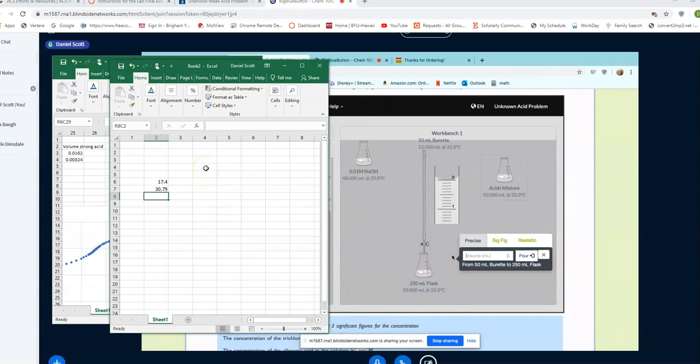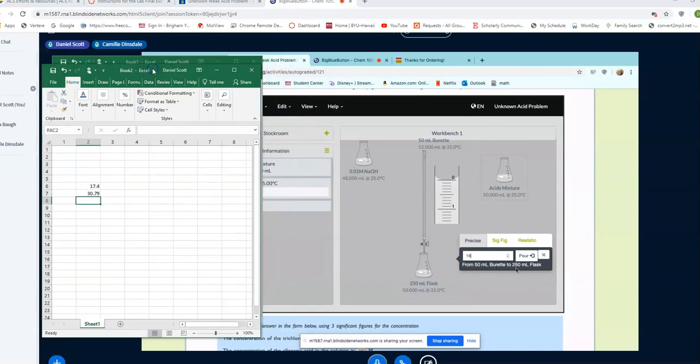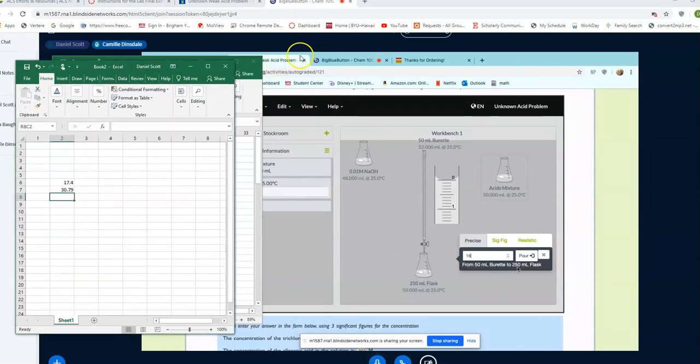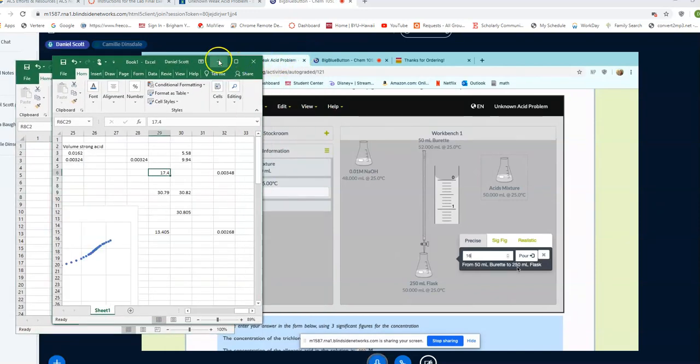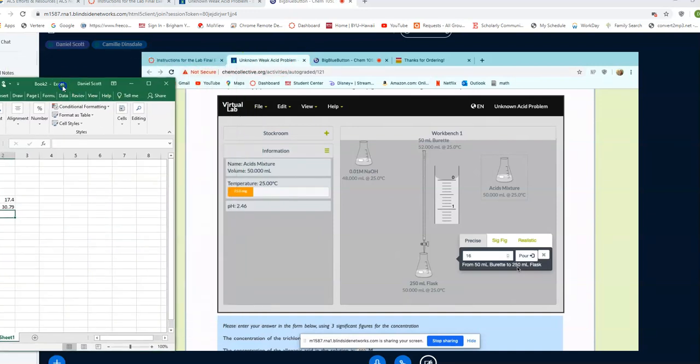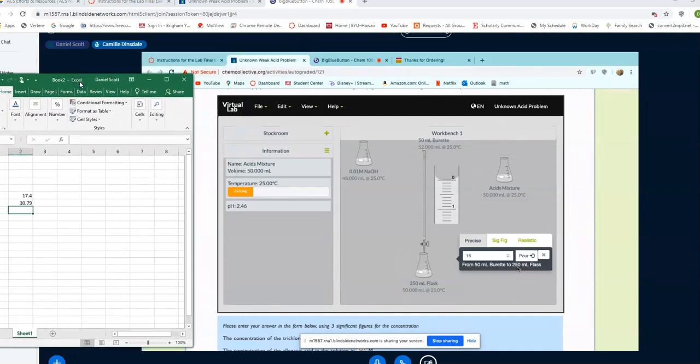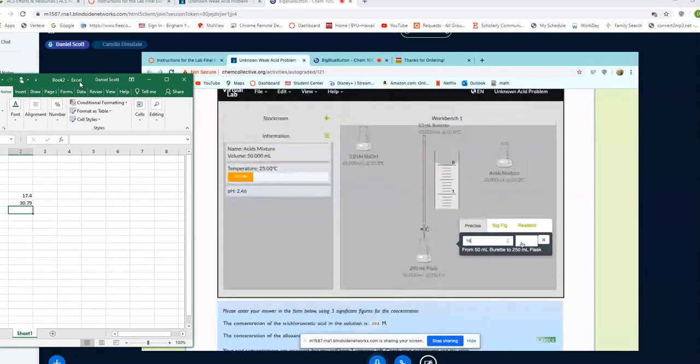So you can add 16 to start off with. Are we gutsy enough to just pour it in? It's okay, I can clear it and do it again if I need to. That's right. 16 mils. Go for it. The pH barely changed. Okay.